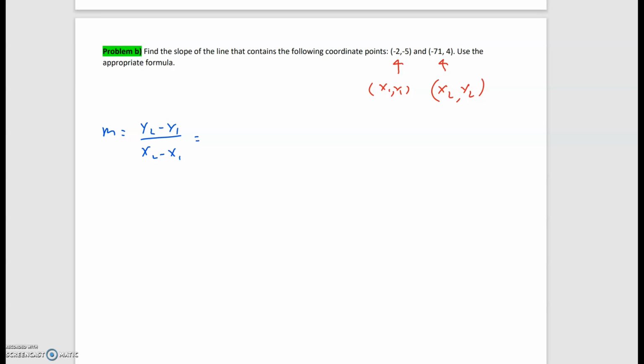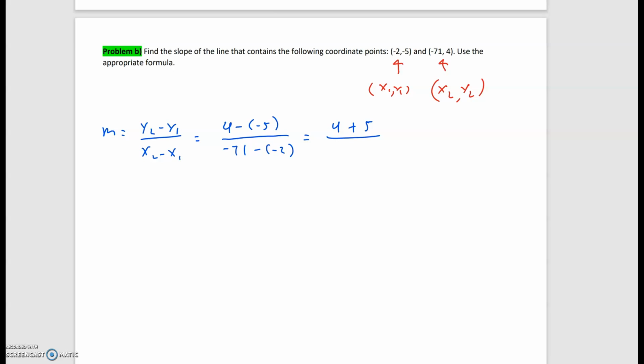Your y2 is equal to 4 minus your y1, it's negative 5. So careful on this one. And then your x2 is negative 71 minus your x1 is going to be a negative 2. So on the top, we're going to end up with 4 plus 5.